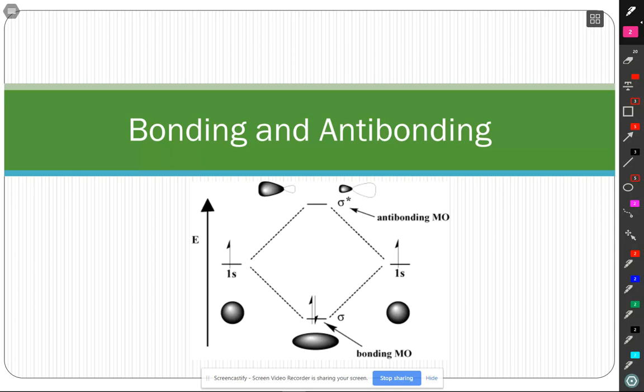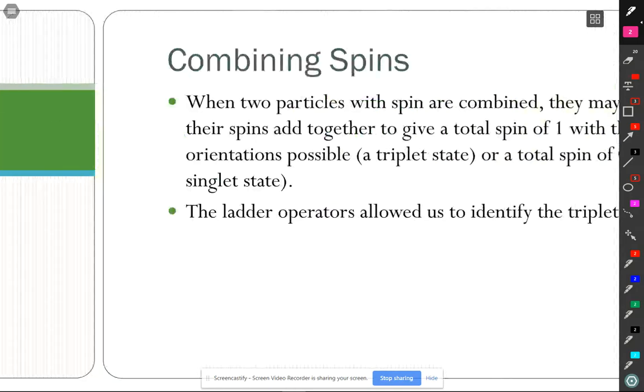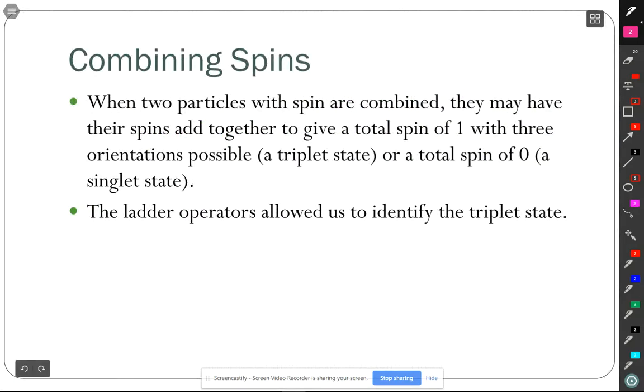Okay, so we have some understanding here, and these are just reviews of what you said. When you have 2 spin-1/2 particles, you can have either the triplet state, which is symmetric, or the singlet state, which is anti-symmetric. It was using the ladder operators that we were able to determine which one was which, that is, which one S equals 1 went with, and which one S equals 0 went with.